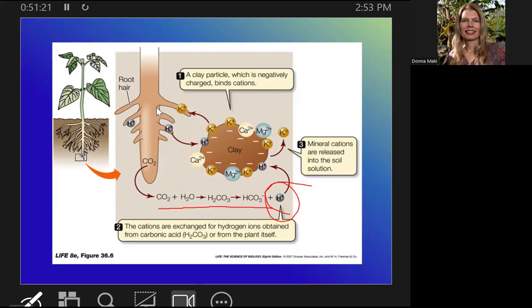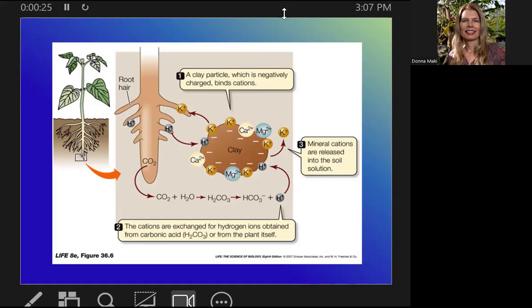All right, let's see if I can switch everything back to the way it was. Okay, so getting back to topics here, plants rely heavily on their microbes in and on them in the soil.